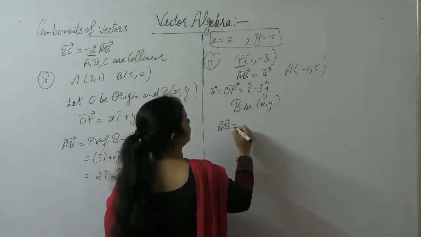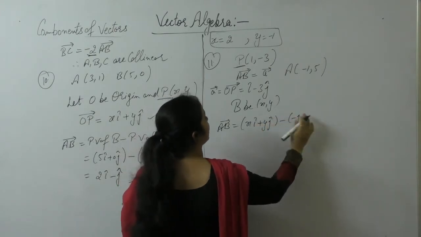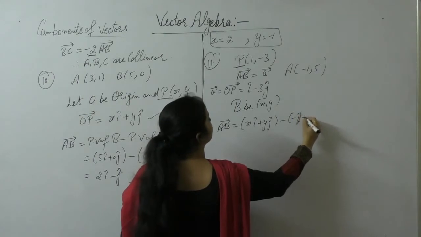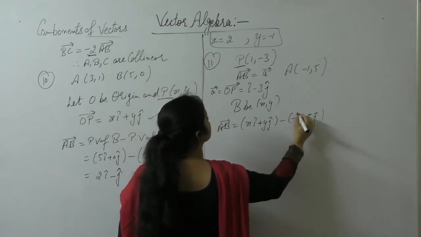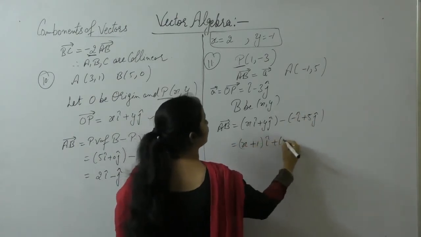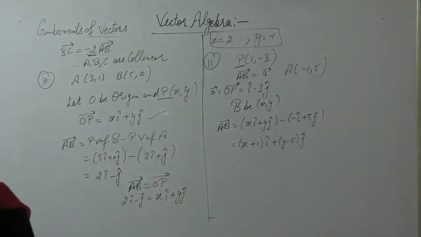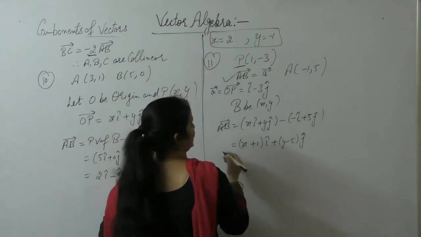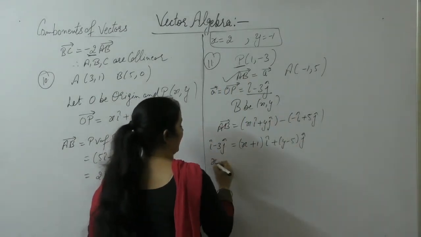Then AB vector is the position vector of B minus the position vector of A, which is (x + 1) i cap plus (y - 5) j cap. Now we are given that AB vector is equal to vector A, that is i minus 3 j cap.